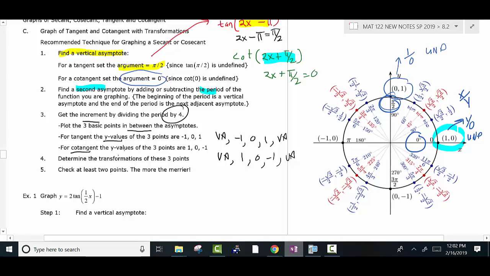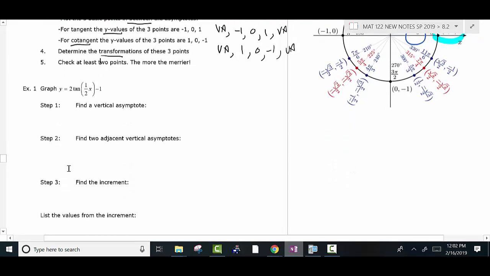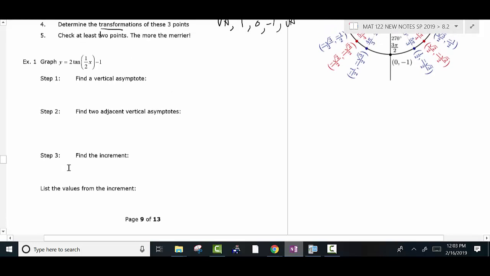And then you got to do the transformations. The transformations generally are going to be the y values being transformed. Like if you have, in this example, a 2 and a -1, you figure those things in a simple arithmetic problem. Okay, so let's go down to this example. I'll do an example of each and maybe let you do one of these and see how you do with this.